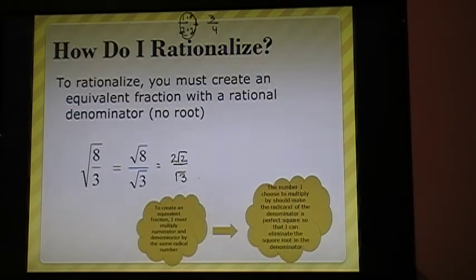I'm going to write an equivalent fraction. I'm going to multiply the numerator and the denominator by the same thing. And what I choose is going to be a number so that the product of these needs to be a perfect square.